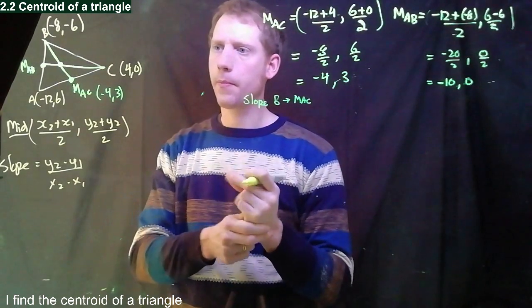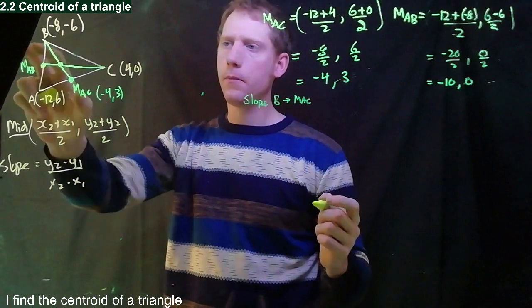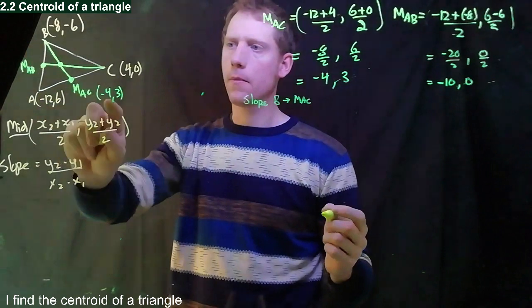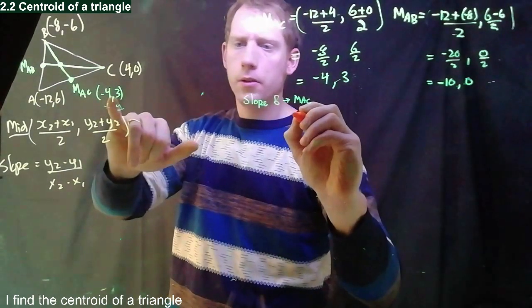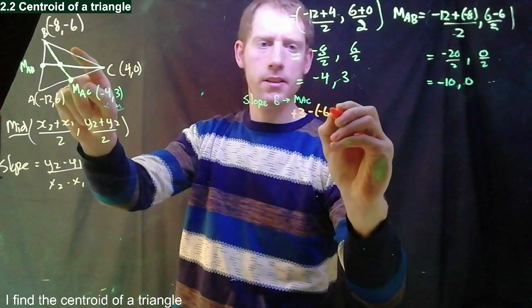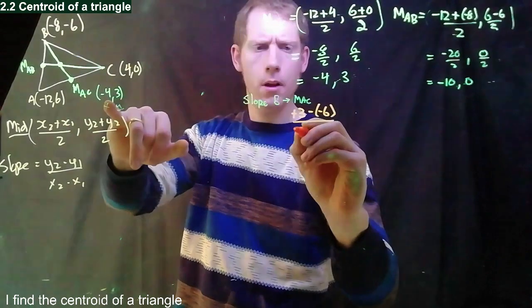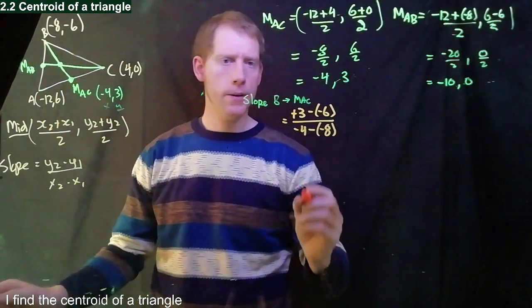So it's 3 minus 6 divided by negative 4, and that is going to be the slope of this line right here.